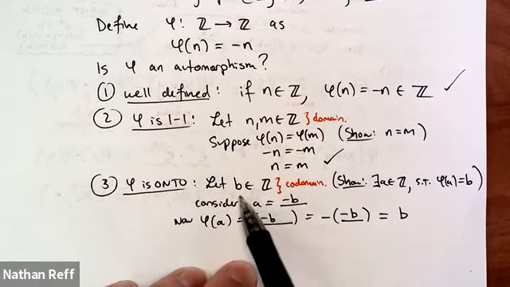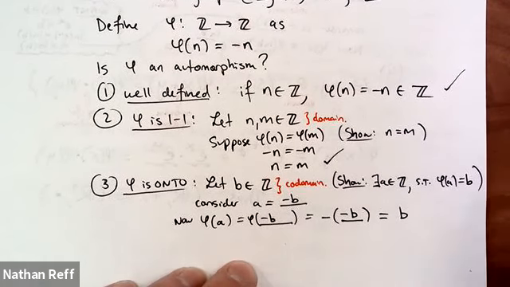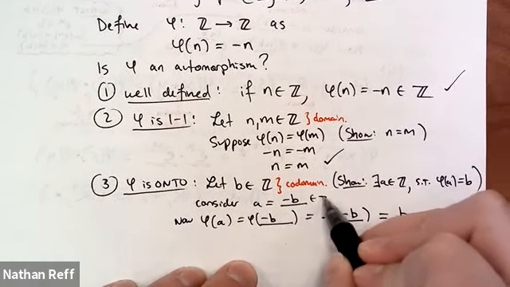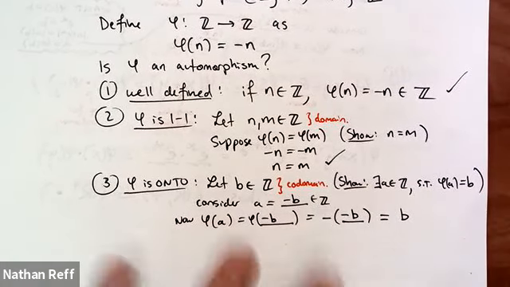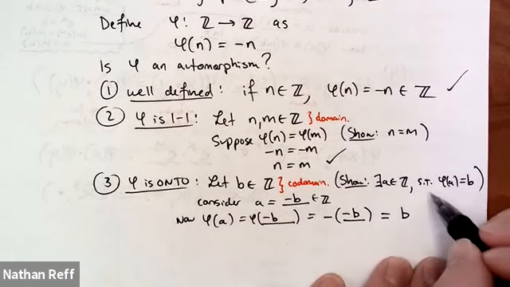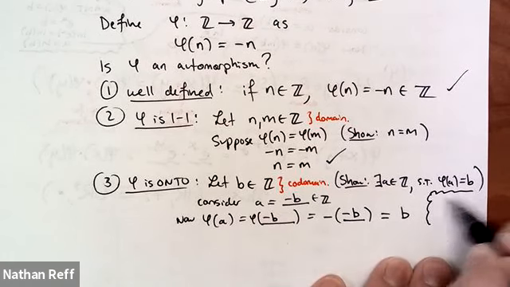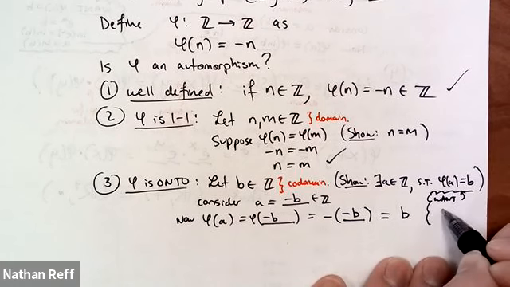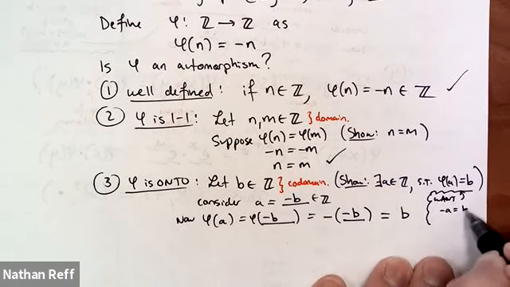Well, if B was an integer, if I negate it, it's certainly an integer. We okay with that? If you do scrap paper land, you get the same answer, right? You want negative A to be equal to B. So A is equal to negative B.